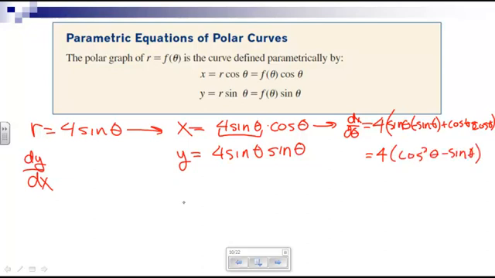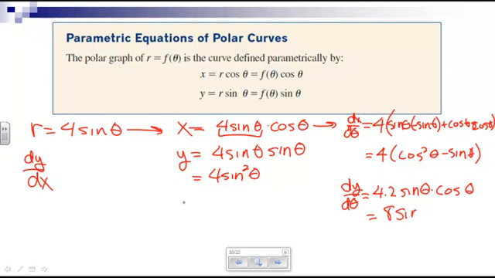Okay, I found dx d theta, which is kind of like our dx dt from section 10.1. Let's do this one. This one looks a little bit easier. This is 4 sine squared theta. So what is dy d theta in this case? 4, bring the exponent down, keep the inside the same, and then multiply by the derivative of the inside. Okay, it looks like it's 8 sine theta cosine theta.